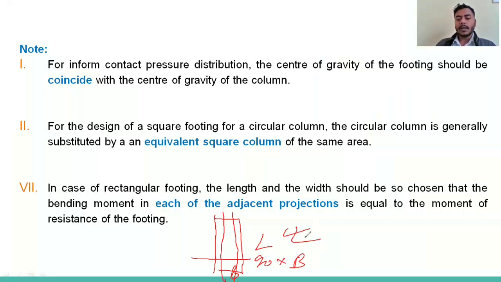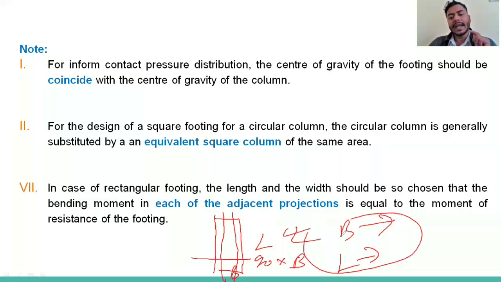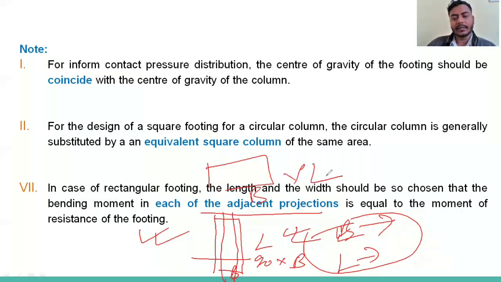In some cases, whatever we have got in the length direction, we provide the same in both directions. But for economy, we analyze in both directions, once in the length direction and once in the width direction. We go for both analyses and see that it should be satisfied from both sides in each adjacent projection, right? Okay, so this is very important when you are going to design a rectangular footing.